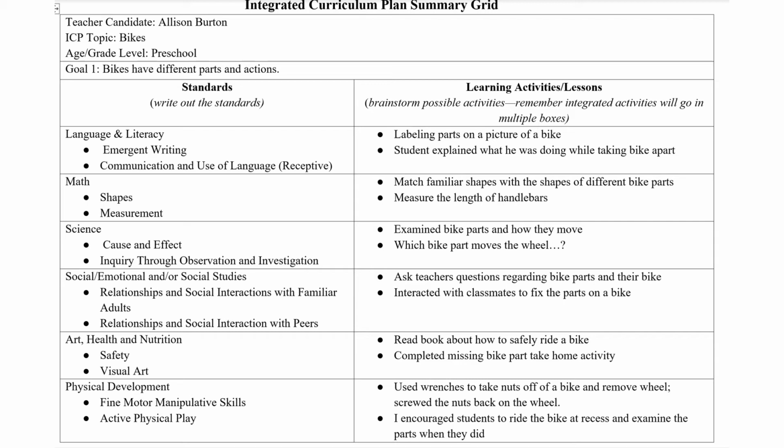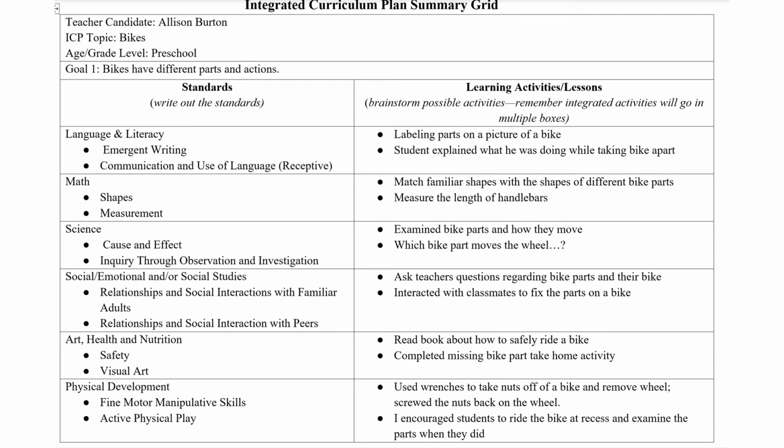You can include as many as you want on this document in terms of standards and learning activities, but the main thing is you must at least have 2 different standards for each of the main areas. The areas of the standards are language and literacy, math, science, social and emotional and/or social studies, so the HHS on the DRDP wouldn't be included there. Art, health, and nutrition are all included together, and then physical development.